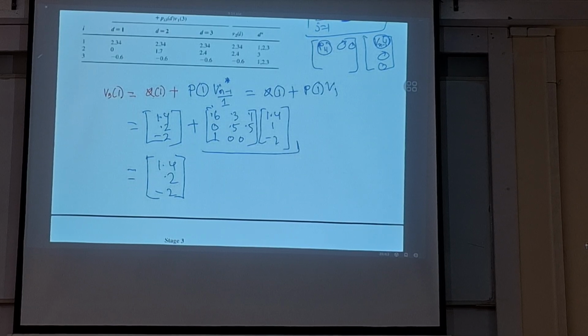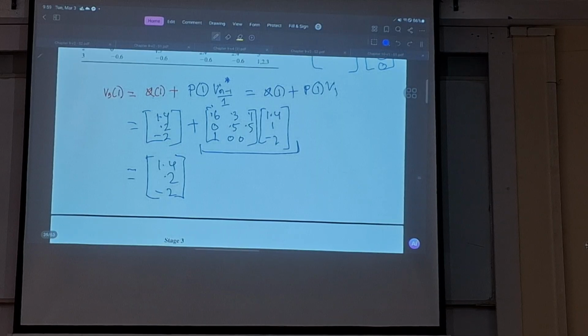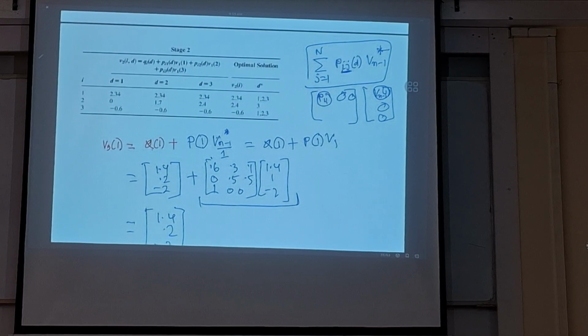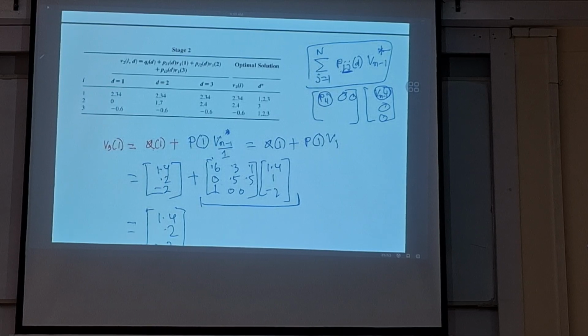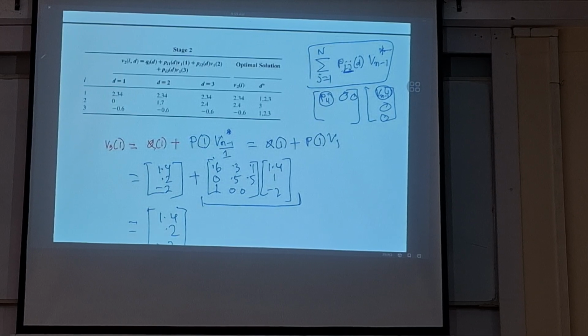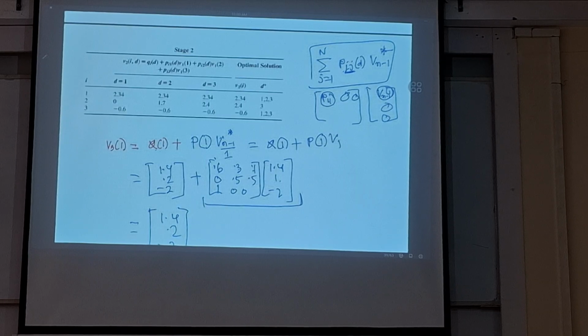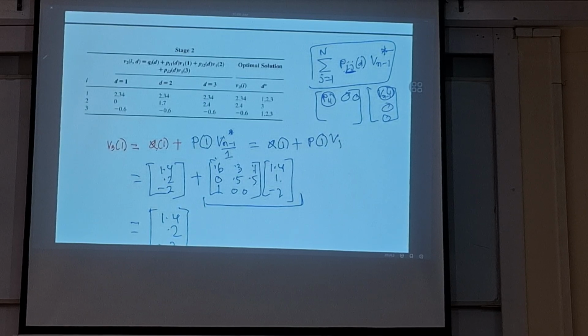Now, if you consider this one for i equal to 1, then what is it doing? P11 is multiplied with this one, P12 is multiplied with this one, P13 is multiplied with this one. The matrix product is doing the very same thing.